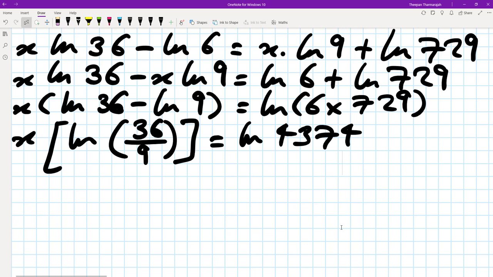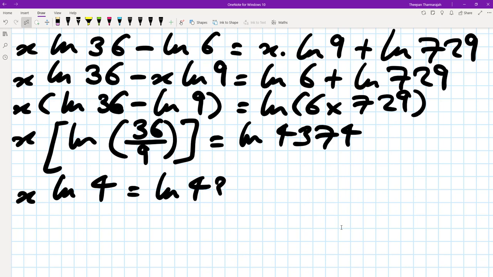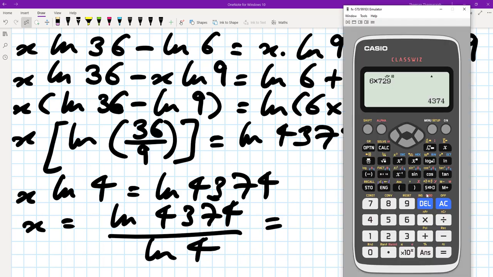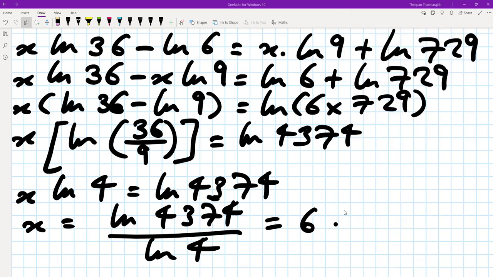And then that will give me x ln 4 equals ln 4374, and then we can divide them to give my final result, 5.05 to three significant figures.